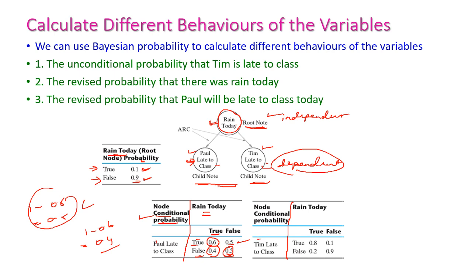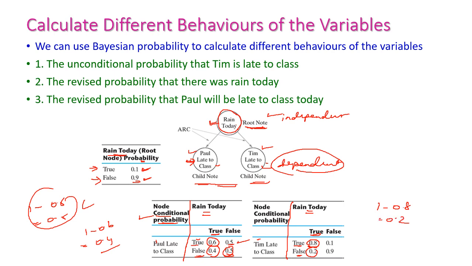Tim late to class and rain today, both true, the probability is 0.8. And Tim late to class false and rain today true is 0.2, that is 1 minus 0.8 equals 0.2.